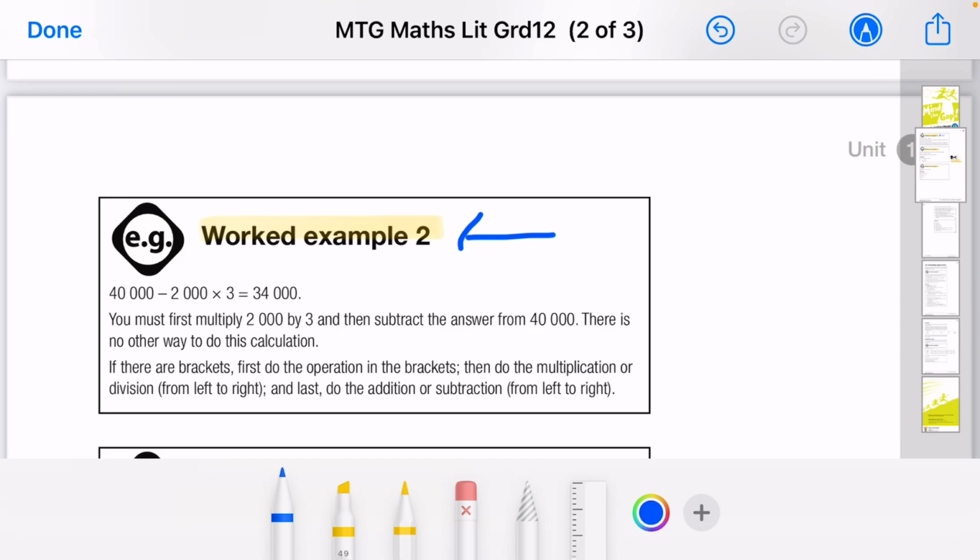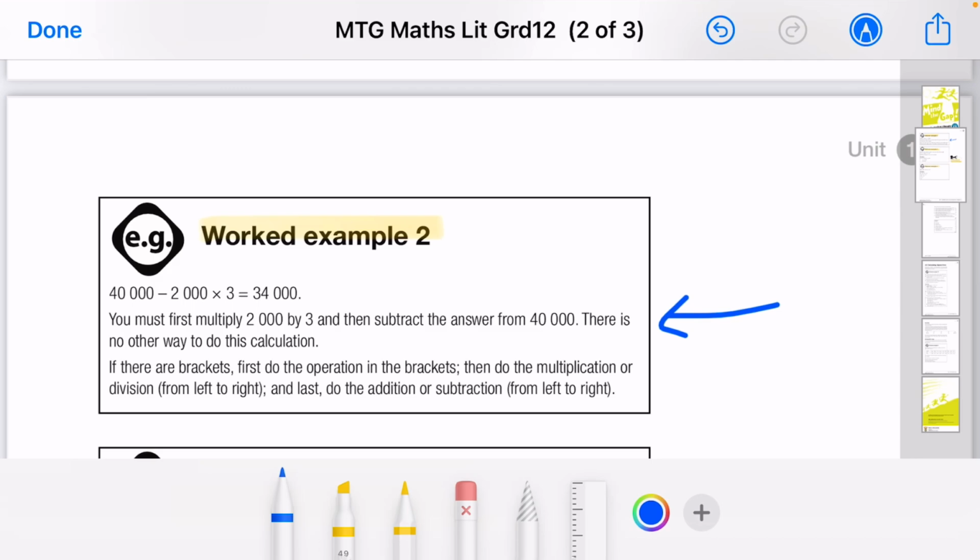Okay, so we are given that equation, which is 40,000 minus 2,000 multiplied by 3 equals 34,000. Let's read over there. They're saying you must first multiply 2,000 by 3 and then subtract the answer from 40,000.